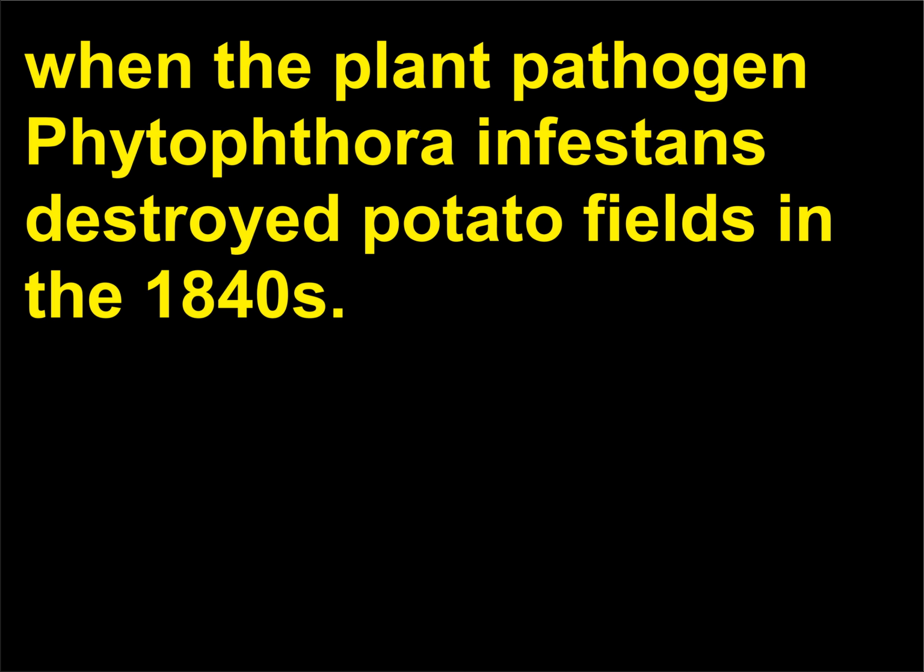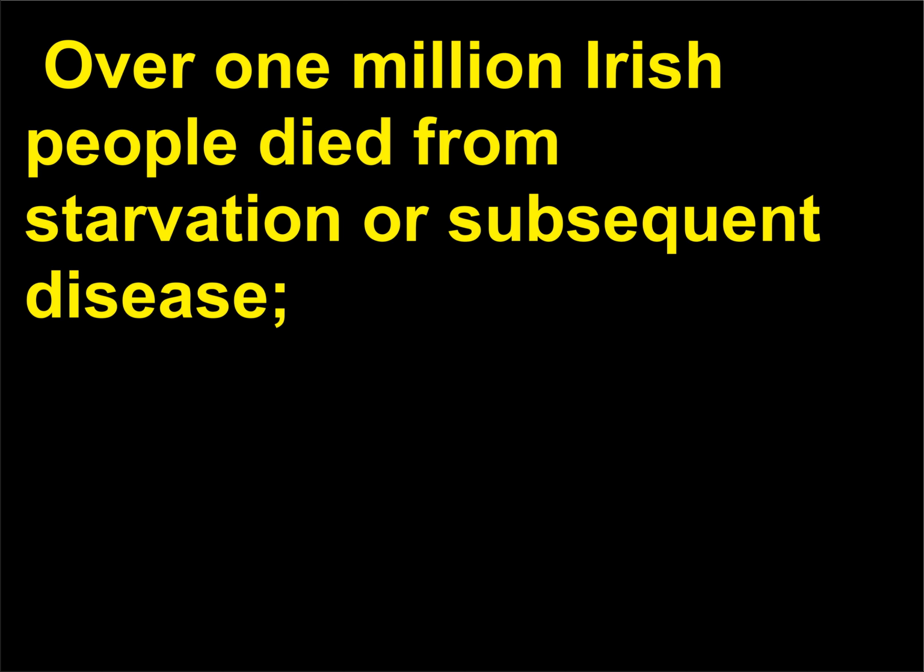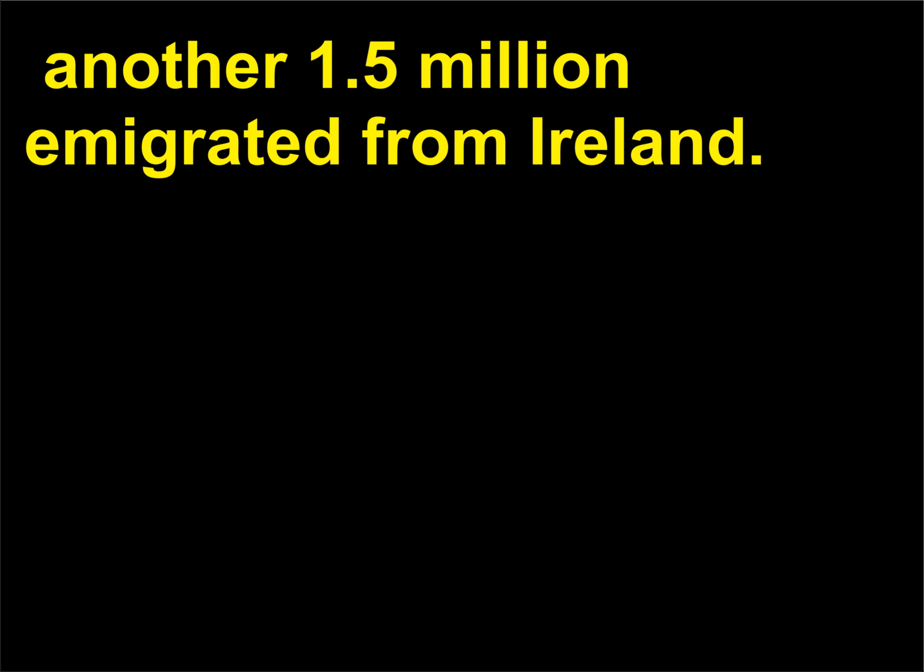When the plant pathogen Phytophthora infestans destroyed potato fields in the 1840s, over 1 million Irish people died from starvation or subsequent disease. Another 1.5 million emigrated from Ireland.